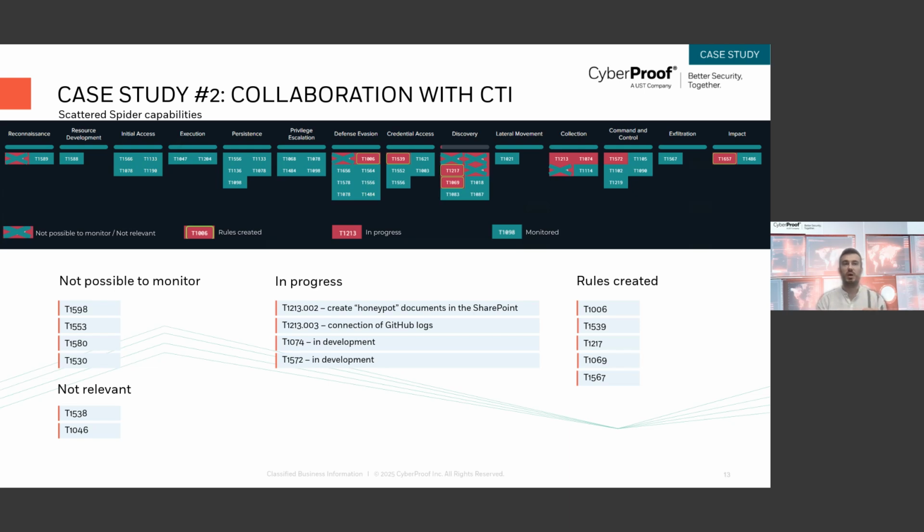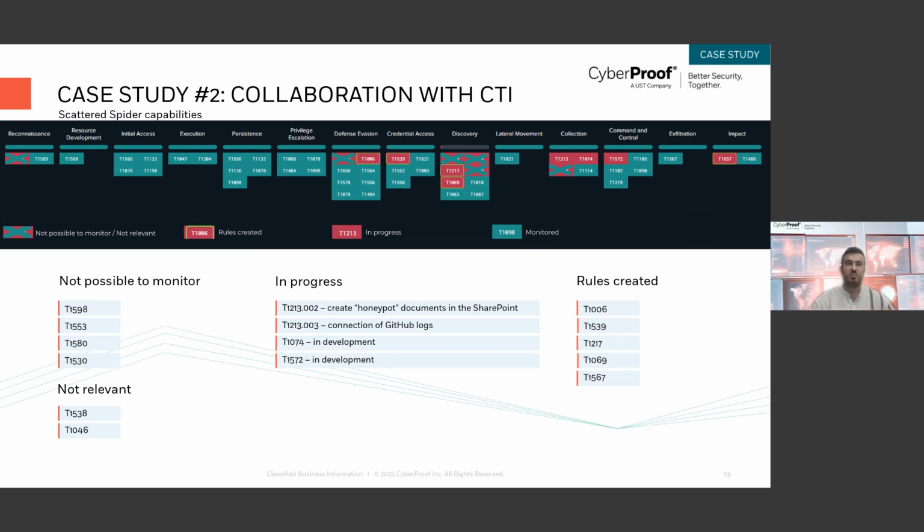This more qualitative one focuses on one specific threat group and divides all of their capabilities into a MITRE matrix, as you can see on the screen. Then, on top of it, we mark what is already monitored in our system with green and red cells. These are areas that have to be covered.